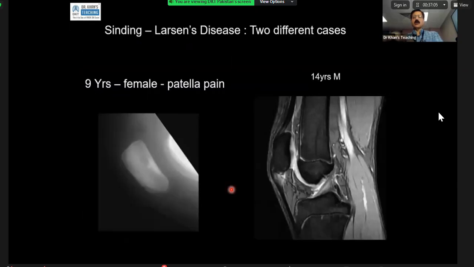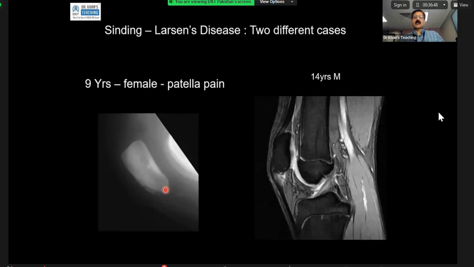And when I started my radiology, if you read old textbooks, the first book which I read was 1987 Sutton. They had mentioned this as avascular necrosis. Can you imagine?